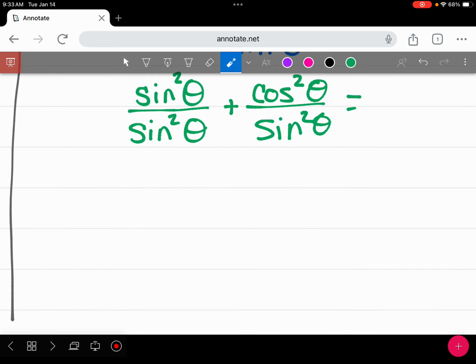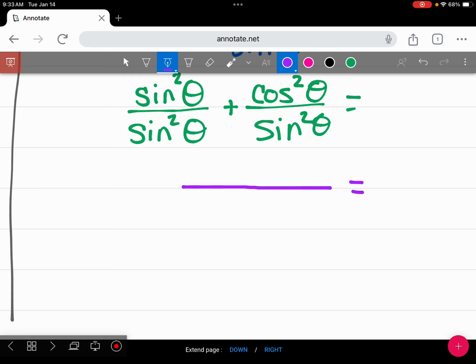Now we've got that common denominator, so we're going to smush them together. Our denominator is now sine squared theta, and our numerator is sine squared theta plus cosine squared theta.